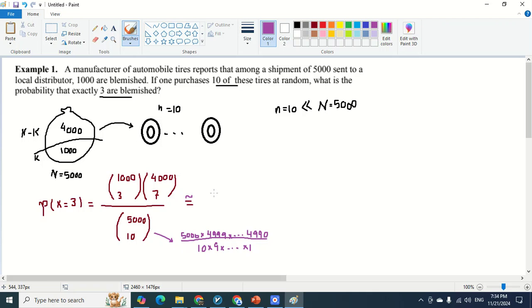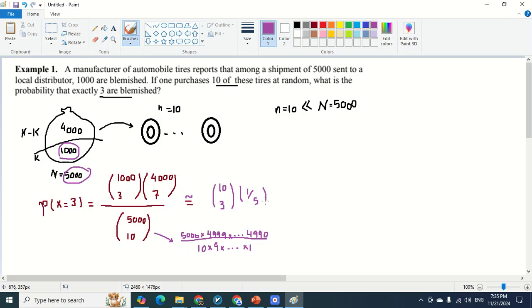If we use the binomial distribution, then it will be the selection of 3 out of 10, because we have 10 cases and we are looking for 3 successes, and the probability of being blemished is simply 1/5. The probability of the blemished case will be 1000 over 5000, and the difference of this value between the different draws is not considerable.